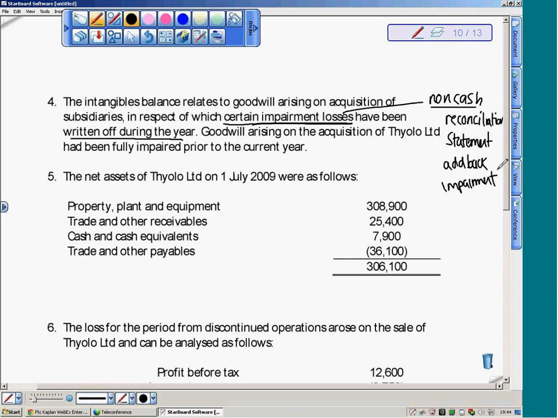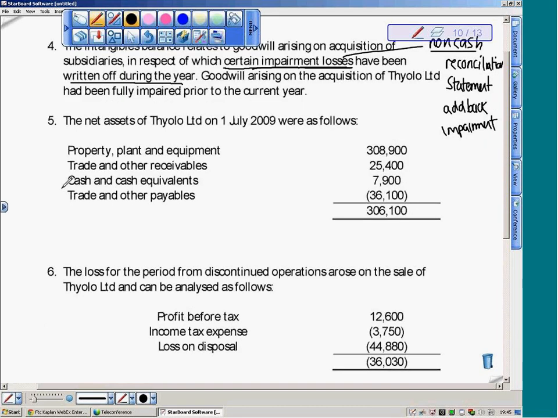It says goodwill relating to Philo has been pre-impaired prior to the current year. So it's not to do with our subsidiary we've disposed of. It's just saying any of the movements relating to our intangibles is to do with an impairment. That doesn't relate to the subsidiary we've disposed of. Note 5 is relevant because it's giving us all the assets of the subsidiary we've disposed of.